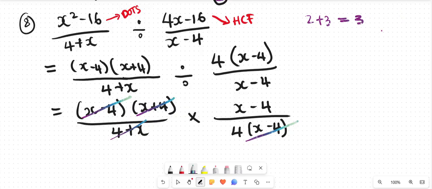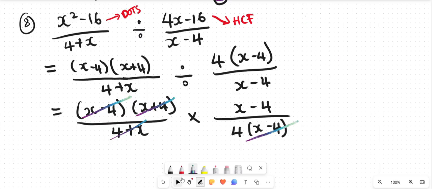What is different is if you have a 2 minus a 3, this is not the same as a 3 minus a 2. This one would give you a positive 1. But this one would give you a minus 1. So these are not the same. But if they're adding, they are the same. So that's something you would have learned in grade 8.